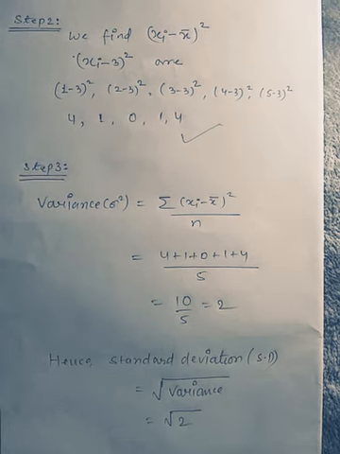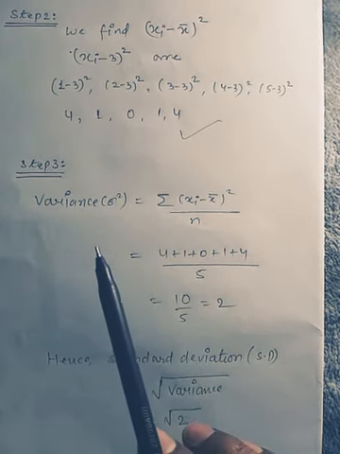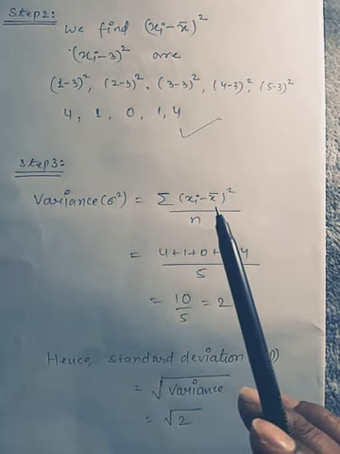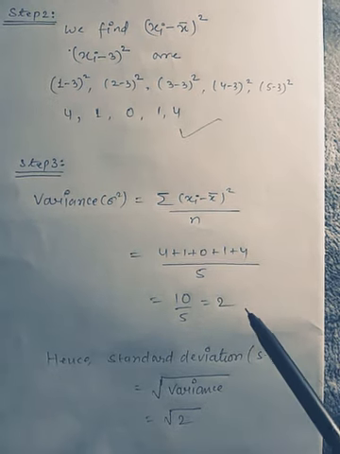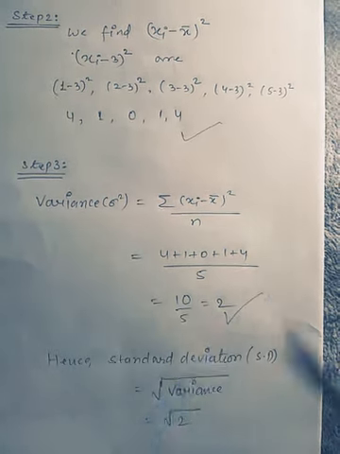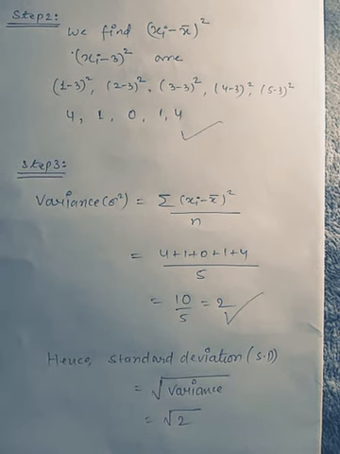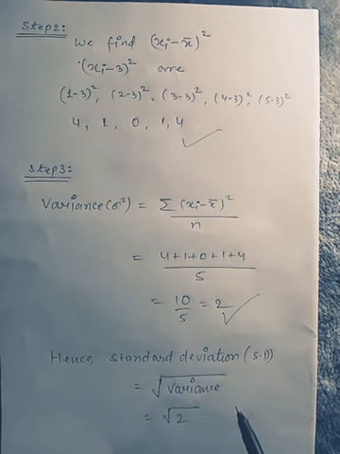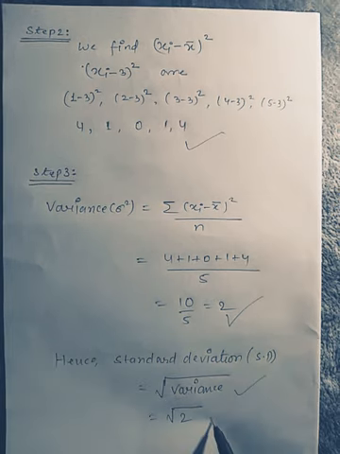Step 3, the formula of variance is summation of xi minus mean whole square by n. After simplify, we get variance is 2. Hence, the standard deviation is root over variance, which is root under 2.